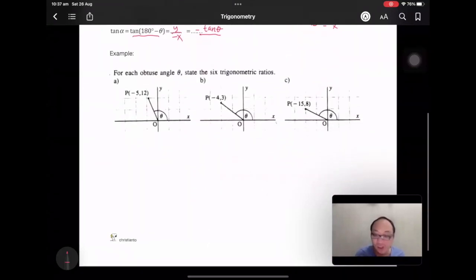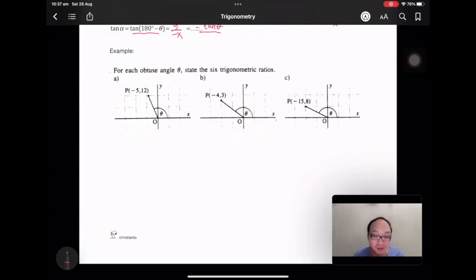For example, for its obtuse angle theta, state the 6 trigonometric ratios. So we can find sine theta, and then cos theta, and then tangent theta, secant theta, cosecant theta, and cotangent theta.